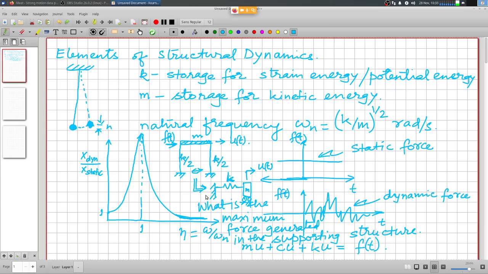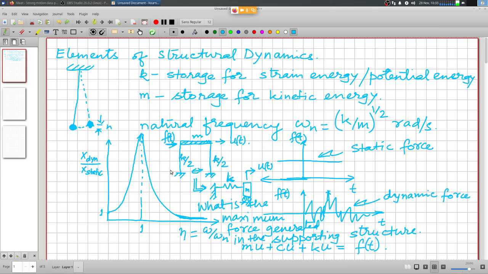So if I can find what is the maximum deformation in the spring, I know the maximum force in the spring, and my problem is solved. I don't really need to know what is the point to point variation of the force in the spring. As long as I know what is the maximum force, my basic issue is taken care of, and that's all I need for designing the system.